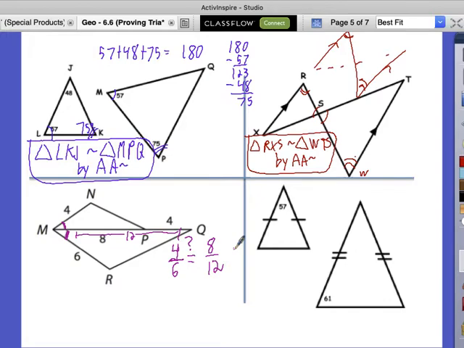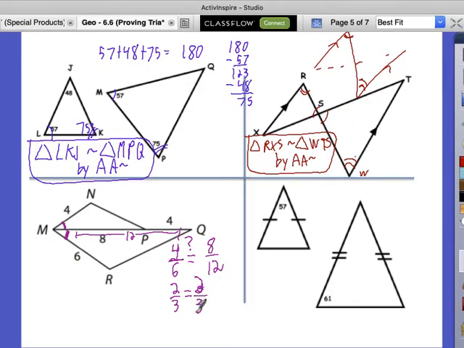If they are, then this would be enough because we have two pairs of sides and the included angles, the angles that are between them. So 4 over 6, like Grace said earlier, simplifies to 2 over 3. What goes into both 8 and 12? 4, and it becomes 2 over 3. That was easy. And done.